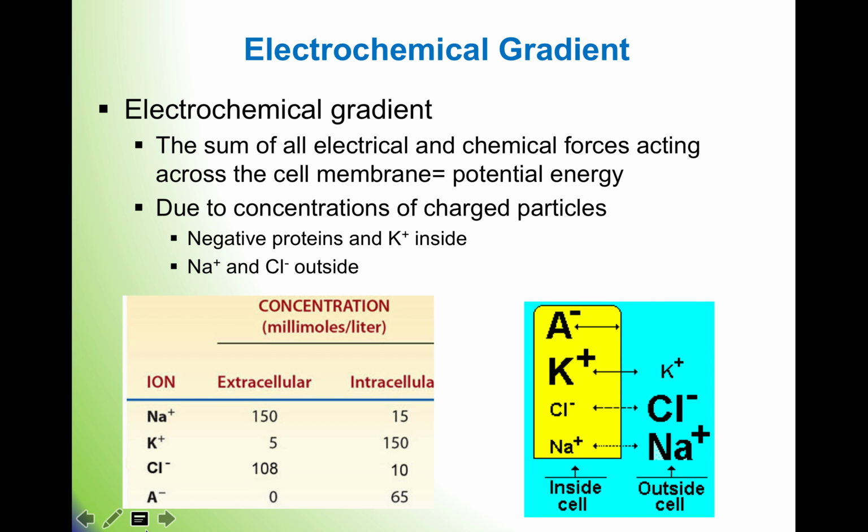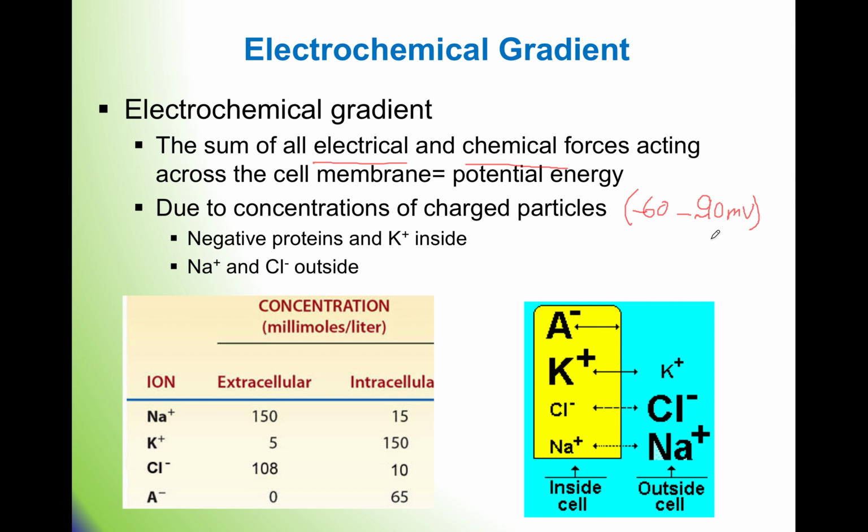So let's take a look at some of the components that are essential for establishing the electrochemical gradient. As I mentioned, the electrochemical gradient is the sum of all of the electrical and chemical forces that are acting across the cell membrane on either side. Now, in a typical cell, that charge ranges from, and again, this is sometimes debatable, negative 60 millivolts all the way down to close to negative 90 millivolts.